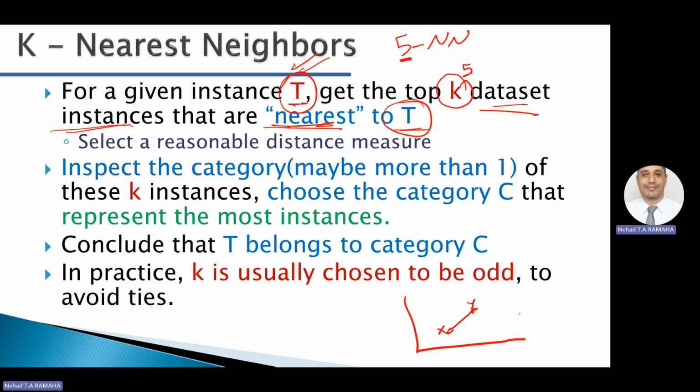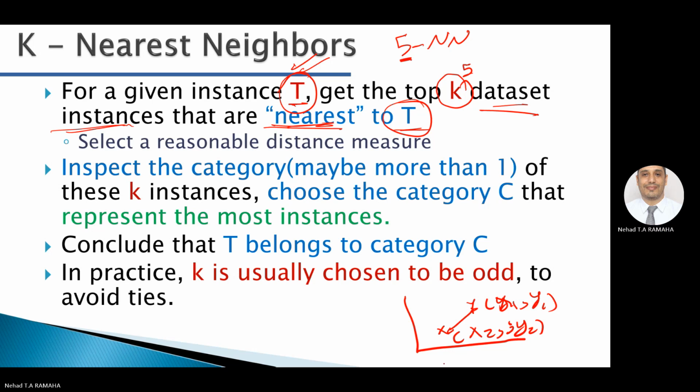How to calculate it? For example, one point has X1, Y1, and the other has X2 and Y2.